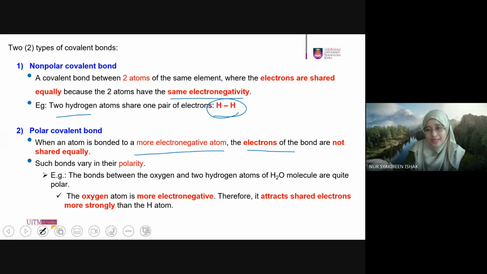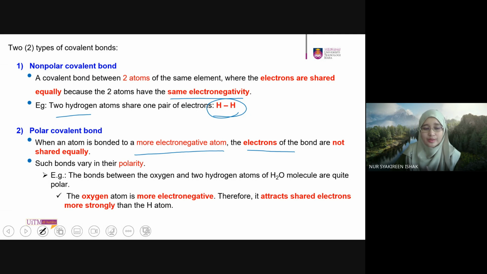So the formation of the covalent bond within this molecule involves unequal sharing of electrons, and it makes the molecule polar. Such bonds vary in their polarity.